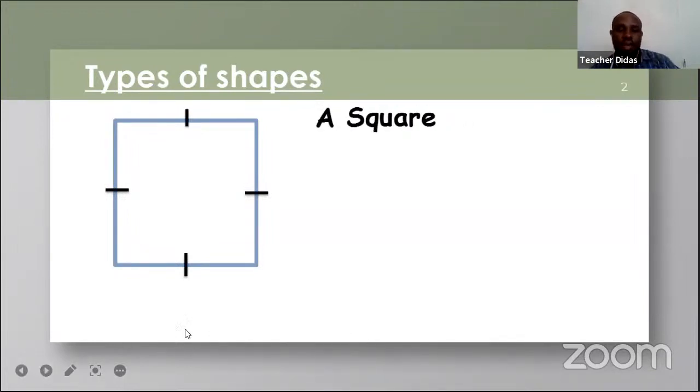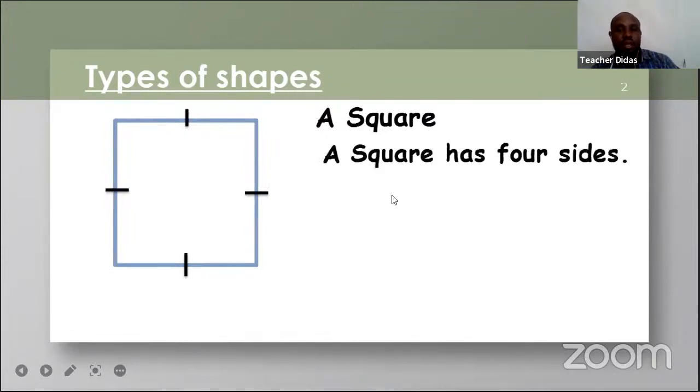When you see any figure with 4 sides equal, all the sides look the same, they know that what you are looking at is called a square. And most of the times they put these signs telling that this side is equal to this one, is equal to this one, and is equal to this one. So therefore you can say the square has 4 sides and all sides are equal.